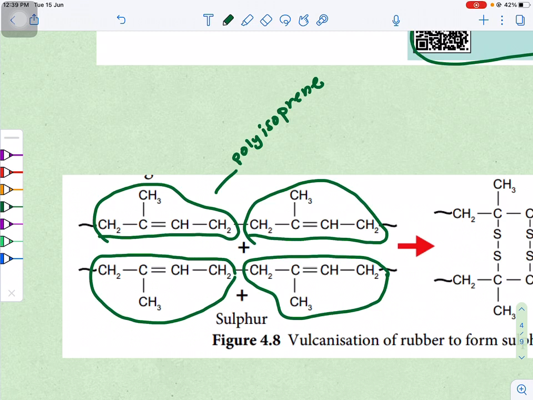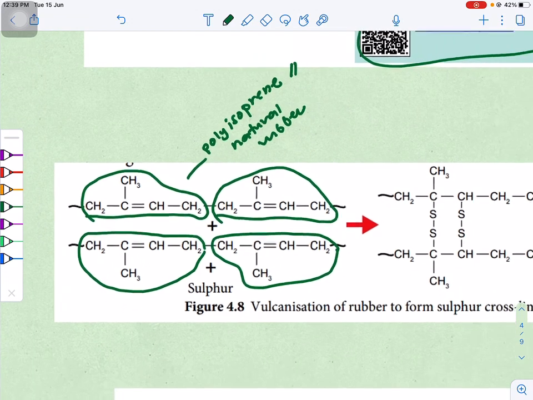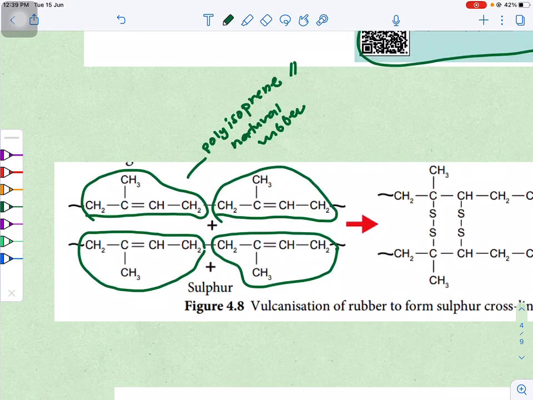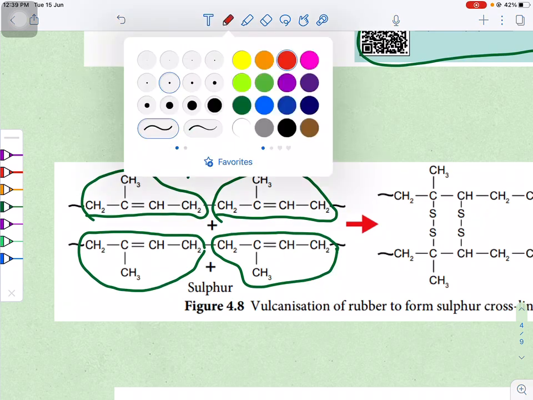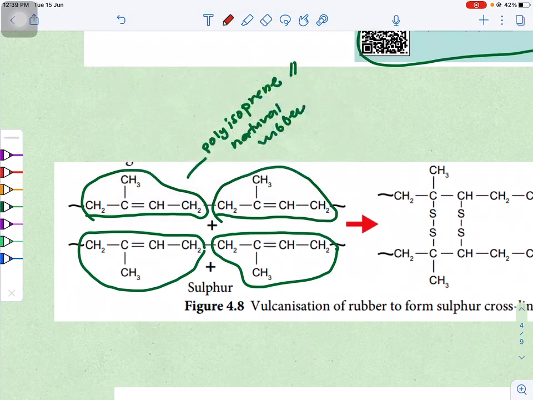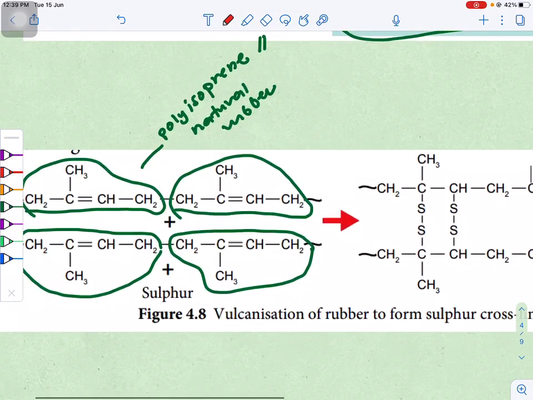Okay, so when I dip or heat my polyisoprene, otherwise known as natural rubber, in sulfur or dip in disulfur dichloride, what happens? We only focus on the double bond part. At the double bond part, sulfur will be there. So this is our carbon double bond.